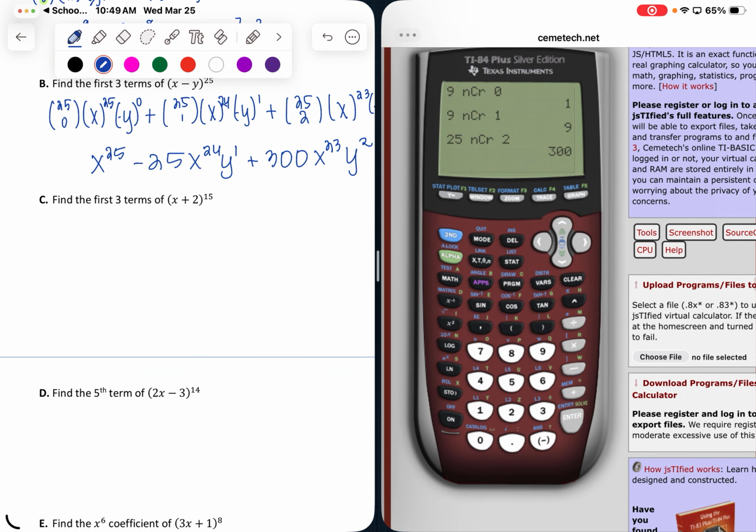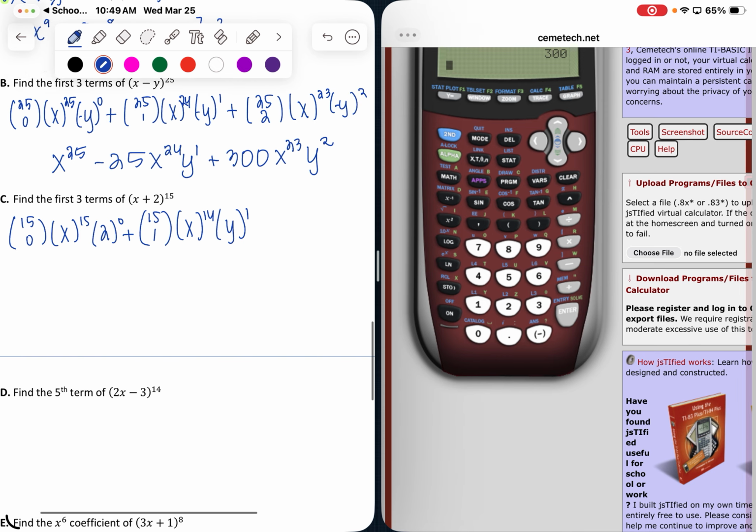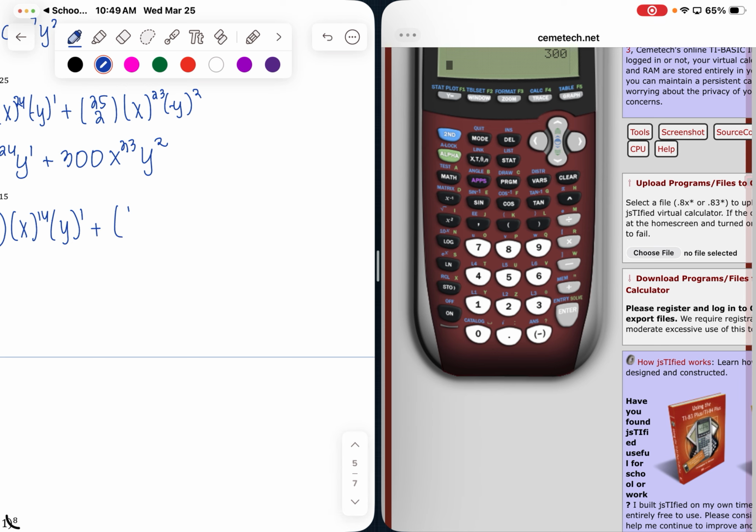Okay, next one, find the first three terms of this. So we have 15 choose 0, x to the 15th, 2 to the 0, plus 15 choose 1, x to the 14th, 2 to the 1st, plus 15 choose 2, and notice these two match, right?